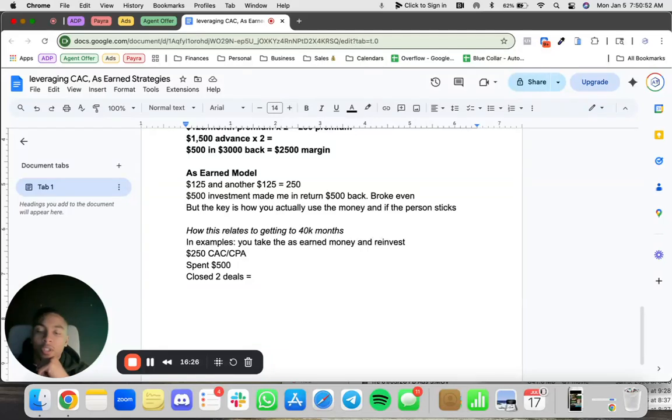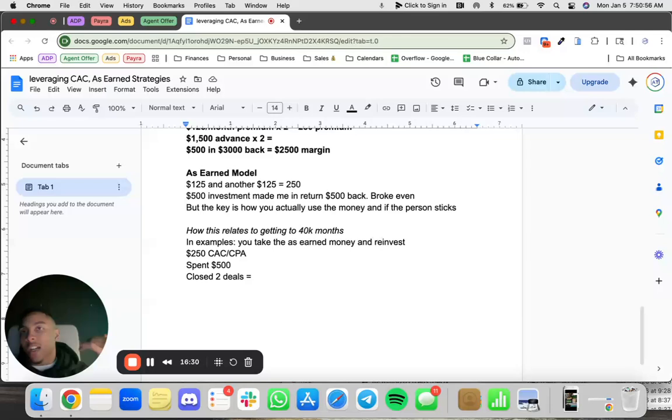Let's just say for $250, which is higher than a final expense, right? Once again, we said 100 to 150, which would make sense with our original model. You want to kind of break even on the cost to acquire a client in the life insurance space. Because think about it as if it was an offer where the first month that you close somebody, you make no money, but every month after that, you make passive money. Everybody would take that. The problem is we don't look at it like that.